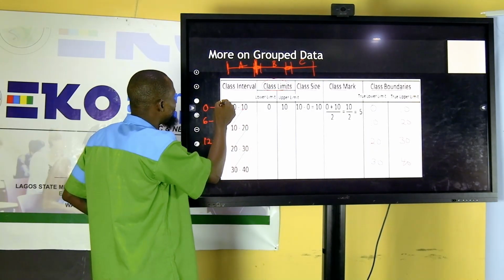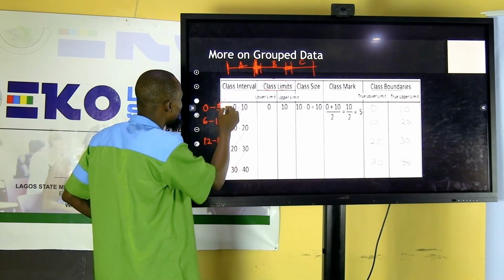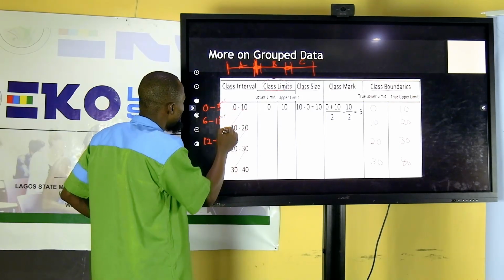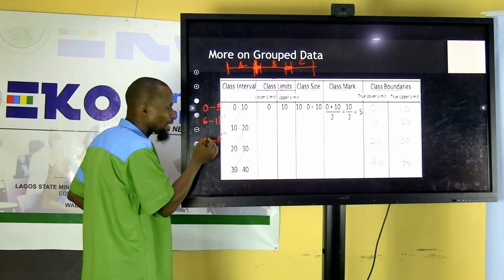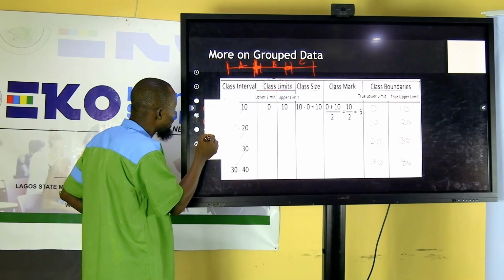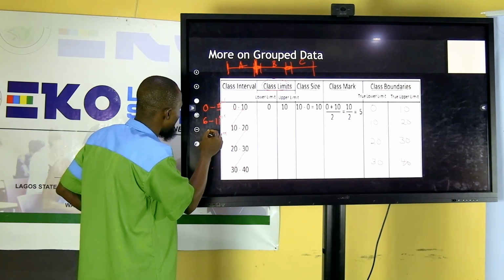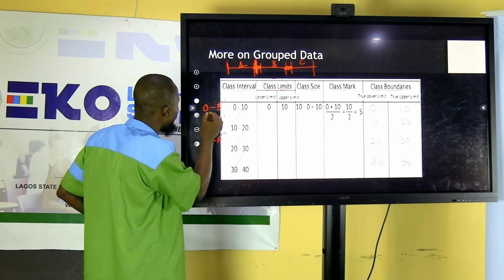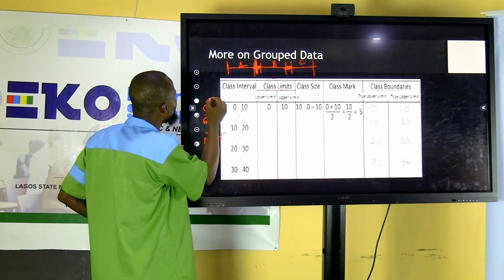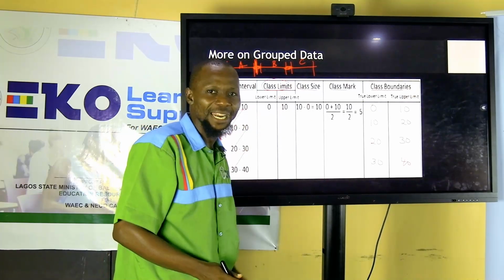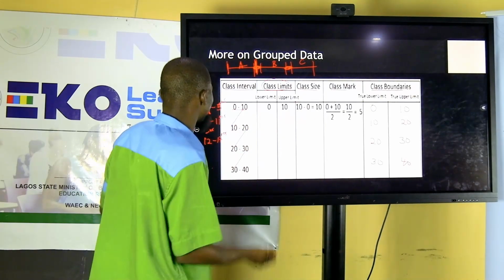And you add 0.5 to all these, 0.5 plus 0.5 plus 0.5, and you subtract 0.5 from these ones here, minus 0.5, minus 0.5, minus 0.5, and minus 0.5. Having done that, it's very easy for us to find our class size through the class boundary.